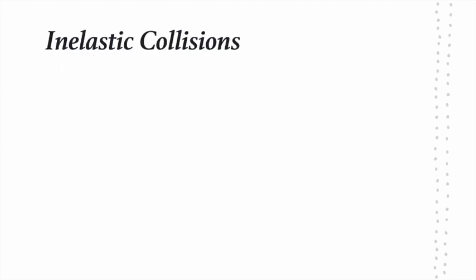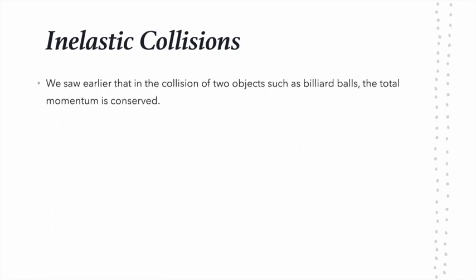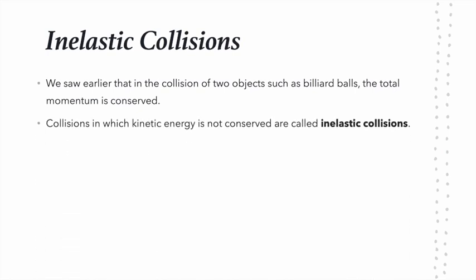All right, now we're going to talk about inelastic collisions. We saw earlier that when two objects collide, the total momentum is conserved. But in perfectly elastic collisions, kinetic energy is also conserved. When kinetic energy is not conserved, then a collision is called inelastic.